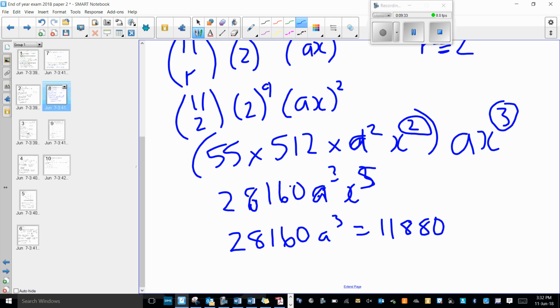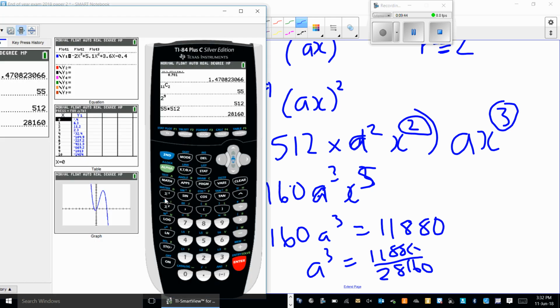So a cubed is 11880 divided by 28160, and then we're going to cube root that.